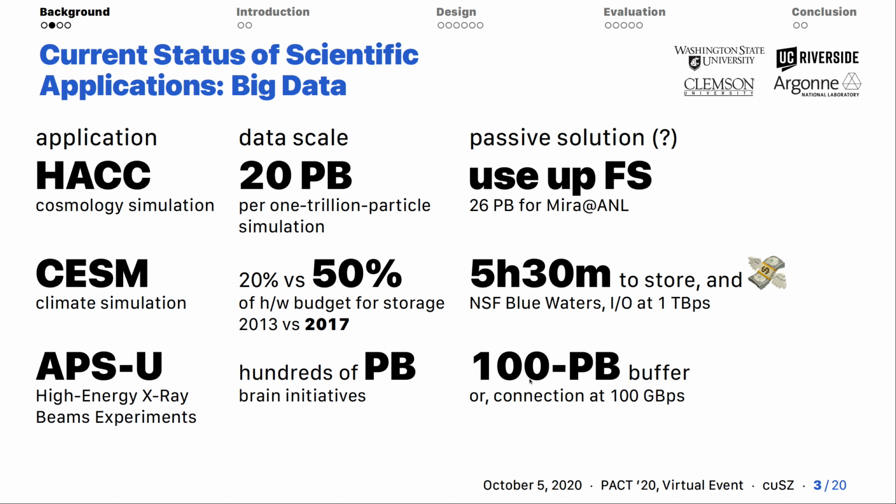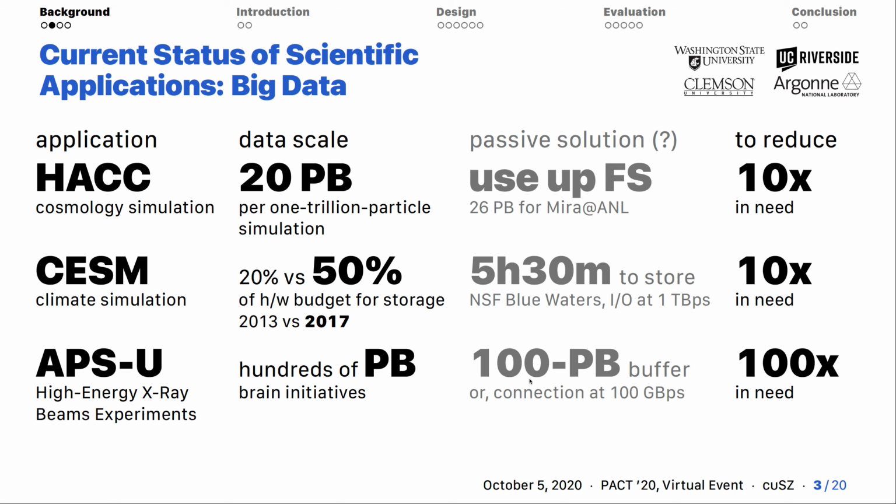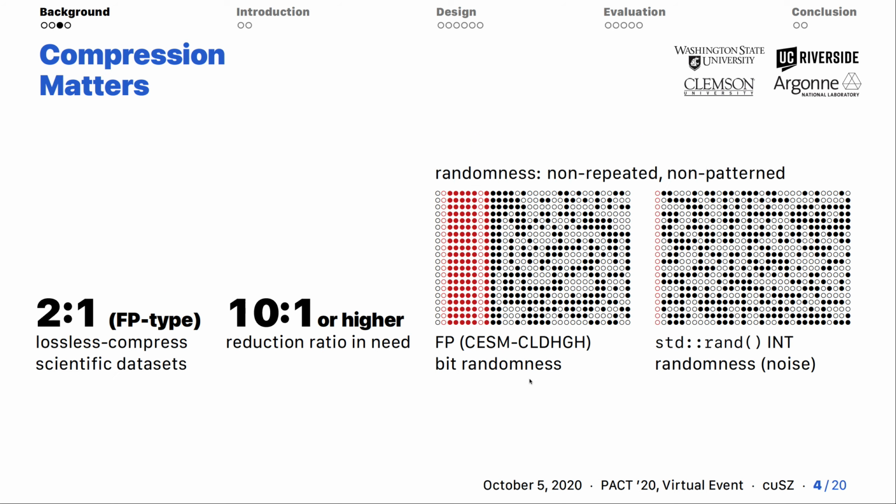So the large amount of data can use up the file system, and it takes too long to store. And the data processing could not be on time because of the limited bandwidth. The solution could be data reduction, and we need a data reduction rate of 10 and sometimes 100.